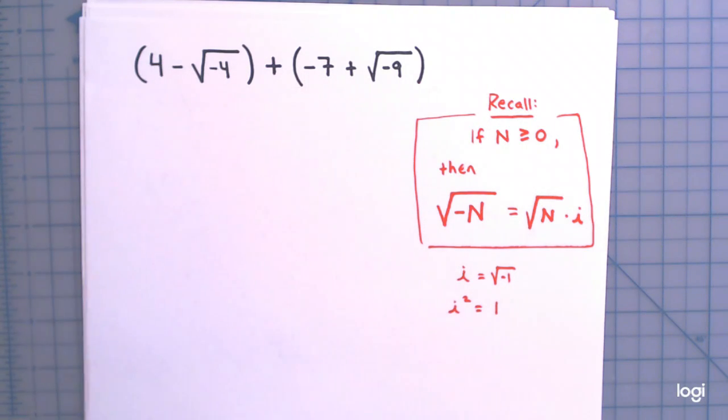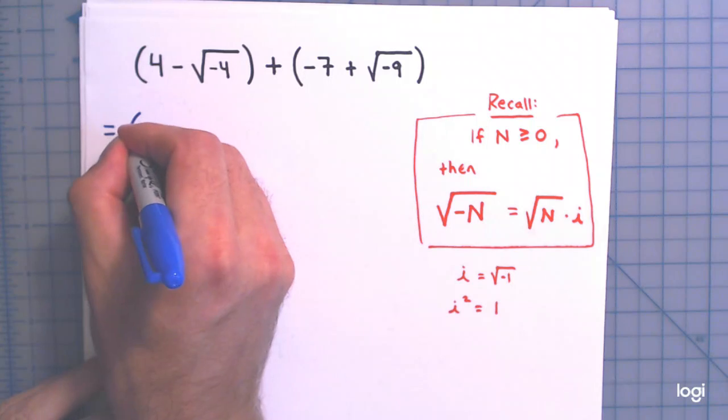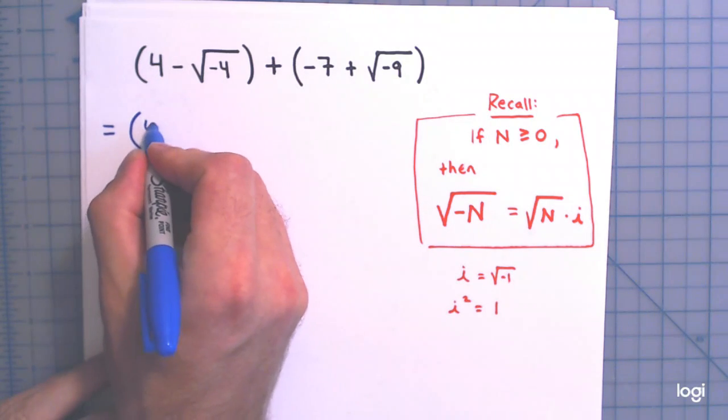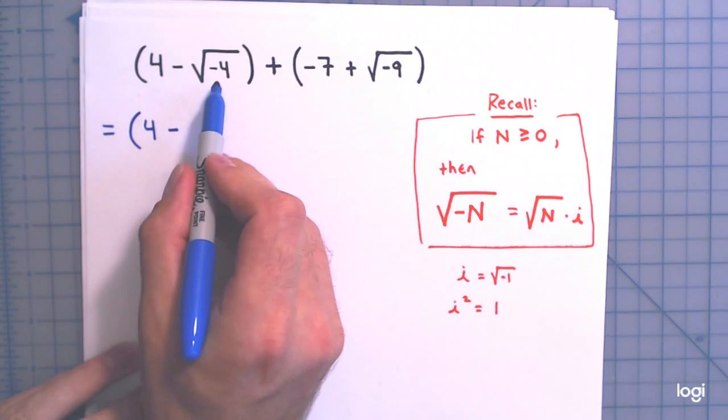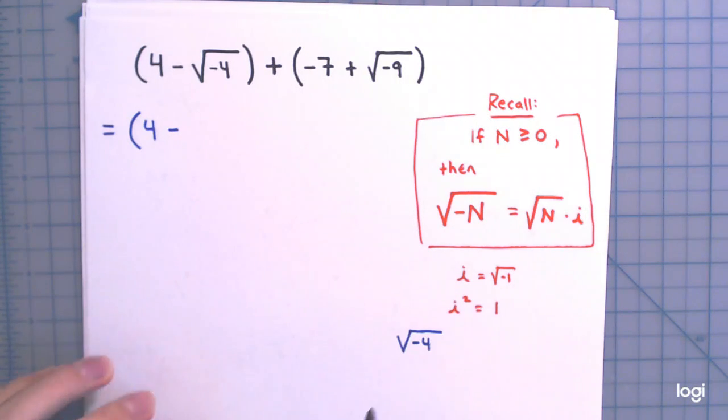So that's what I'm going to do here before I do any addition or subtraction. In the first number, I have 4 minus the square root of -4. This is not a real number, and according to what I just wrote here and in a past video, this is actually a pure imaginary number.